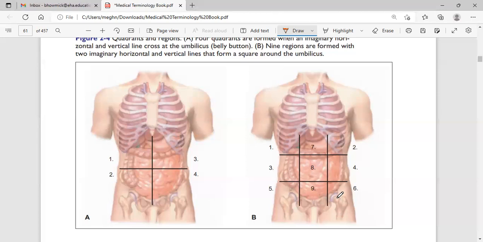This area is the umbilical area, the middle region located in the area of the umbilicus or navel. And this area is called the hypogastric area, the lower middle region located below the stomach and umbilical regions.